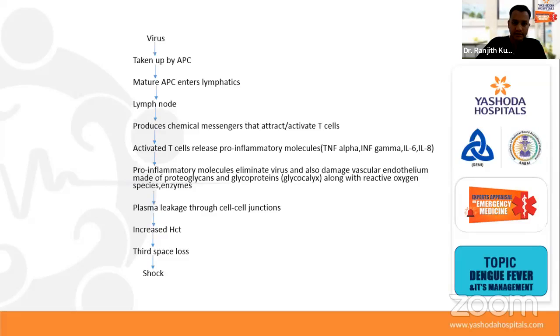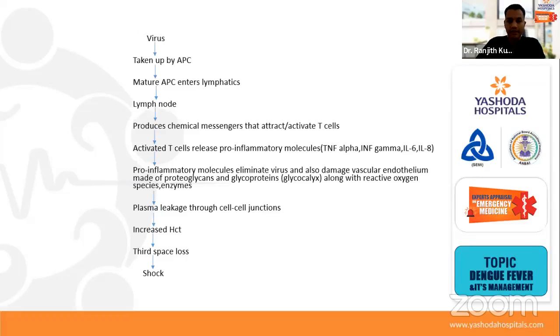The virus is taken up by the antigen presenting cells, where the mature APCs enter the lymph node through lymphatics and produce chemical messengers that attract or activate the T cells, resulting in a cytokine storm, with activated T cells producing TNF alpha, IL-6, IL-8, and interferon gamma.